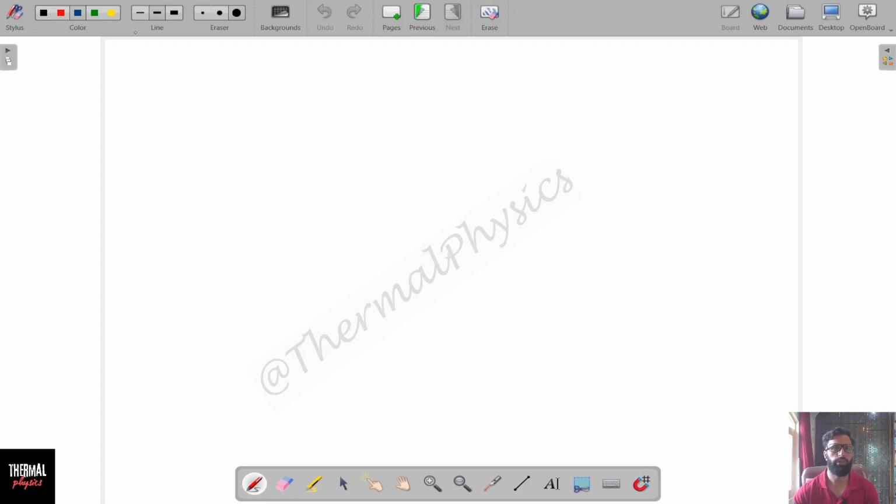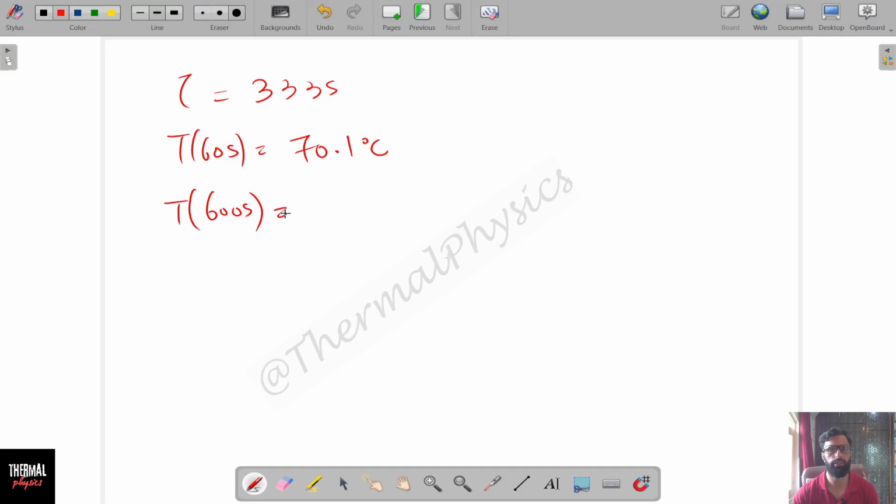So to sum up, the time constant is 333 seconds, the temperature after 60 seconds is 70.1 degrees Celsius, and the temperature after 600 seconds is 29.9 degrees Celsius.